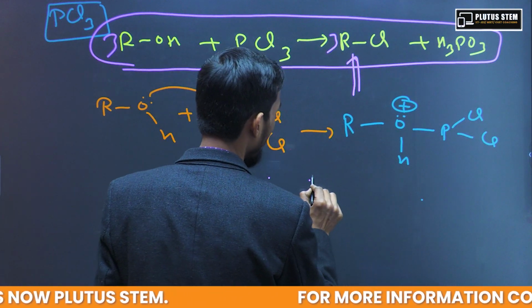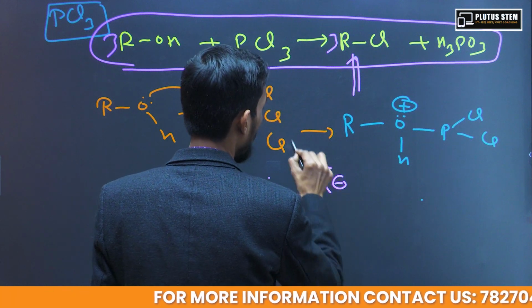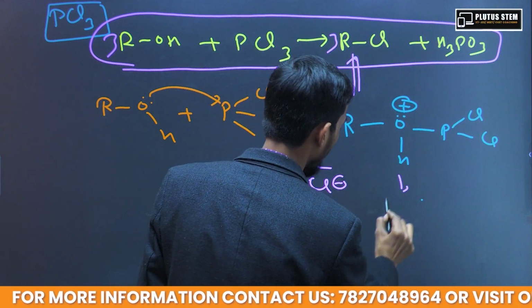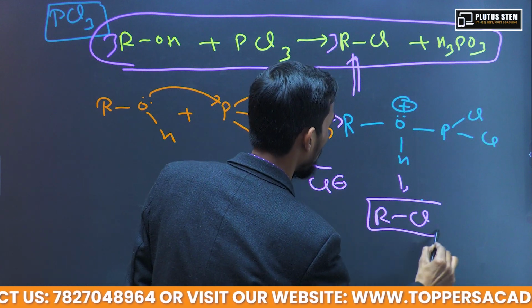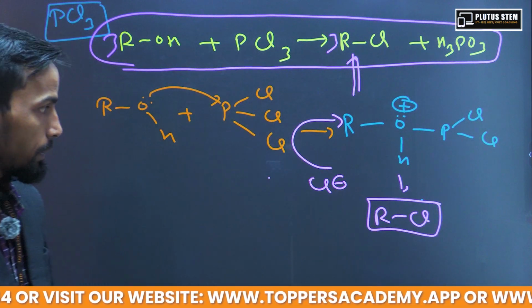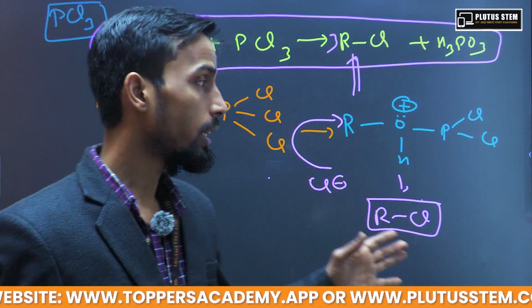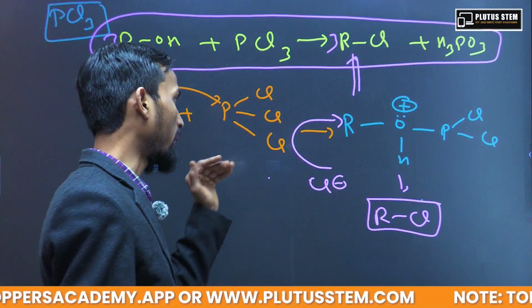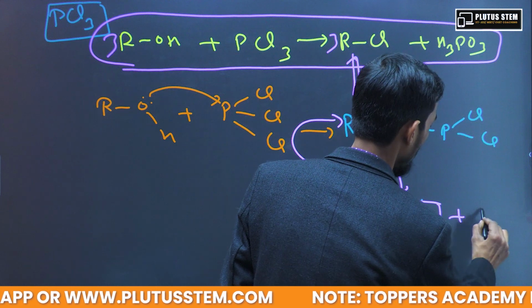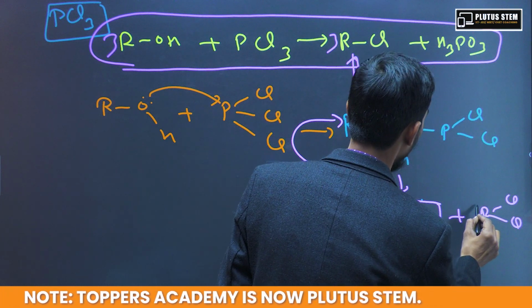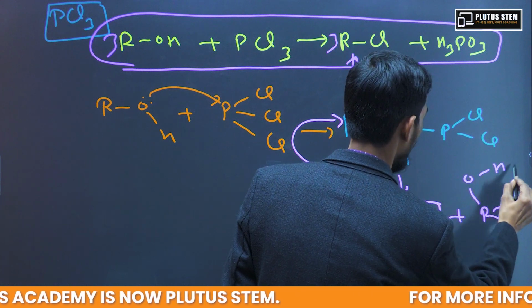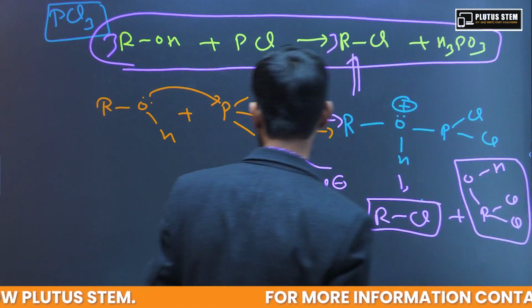So this Cl negative which left from here will attack from here, and we will get RCl. And the product will be with inversion in configuration from the back side, plus PCl2 and OH. So this is the first step.